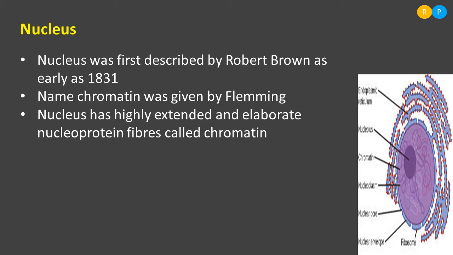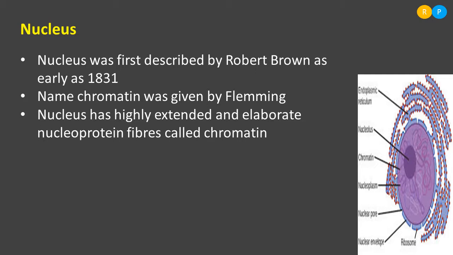We can see in the diagram that the outer membrane is connected with the endoplasmic reticulum. Is it not? So the outer membrane is continuous with the endoplasmic reticulum, and the inner membrane of the nucleus can be found here. So, the outer nuclear membrane and the inner nuclear membrane.